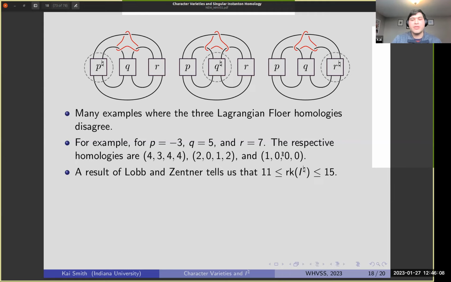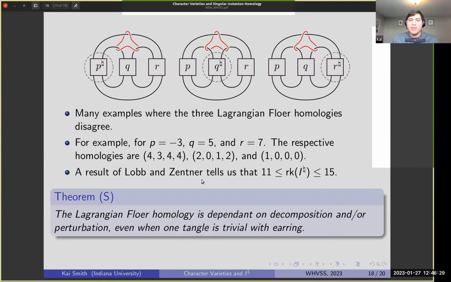So this is a very extreme wrong answer. And for this particular knot, a result of Lobb and Zentner tells us that the actual rank of instanton homology is somewhere between 11 and 15. But this tells us that even with this special decomposition, where one of our tangles is trivial, just taking the normal Lagrangian Floer homology does depend on your decomposition and perturbation, and is not an invariant of your knot.